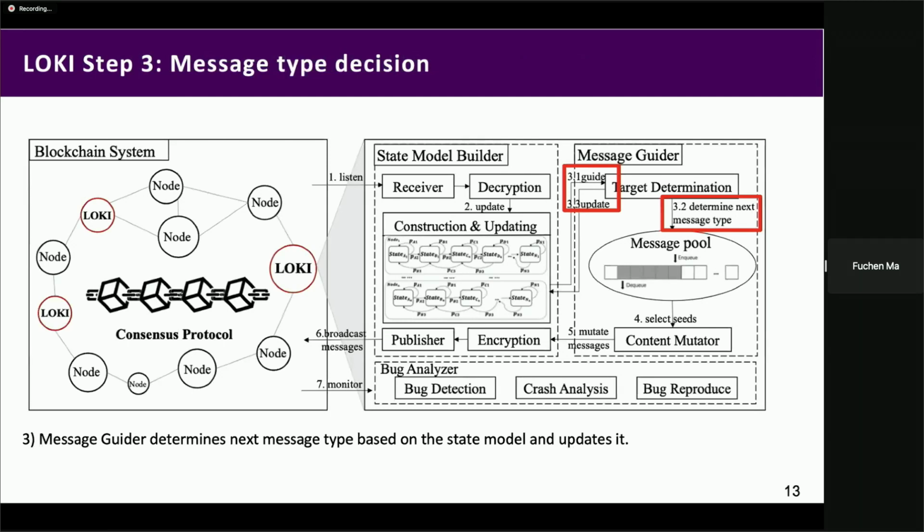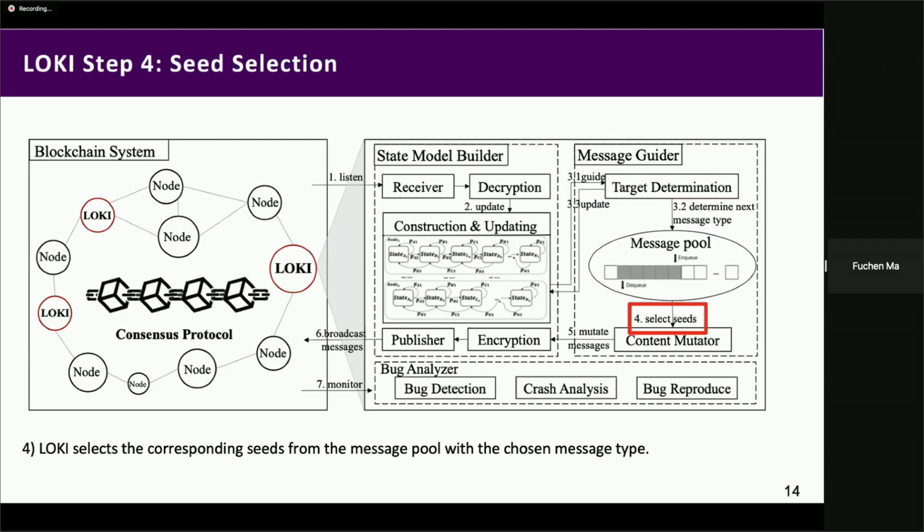So let's move to the next step. In the third step, LOKI uses a message guider to guide and update the sending message type and target choosing. In the next step, LOKI selects seeds from the message pool and feeds them to the mutator to modify the concrete content of the messages.